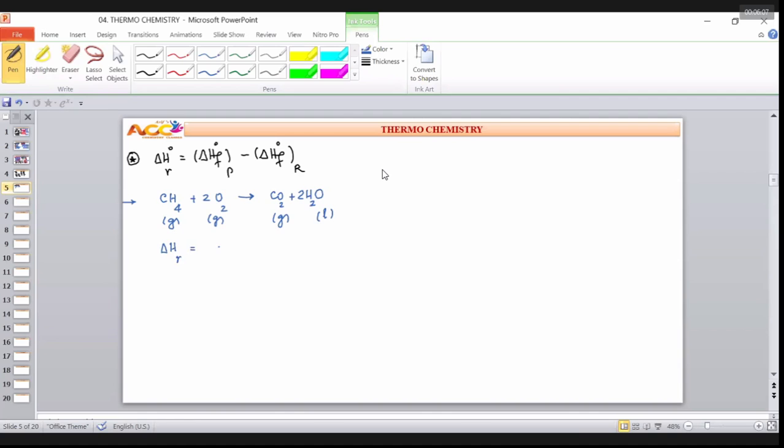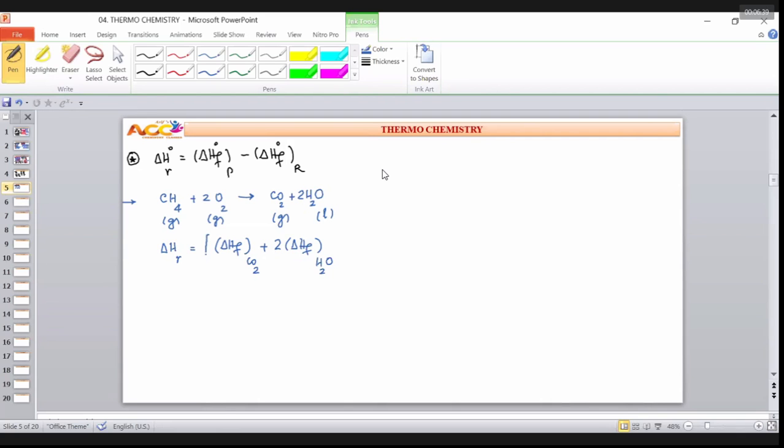Enthalpy of reaction is equal to enthalpy of formation of carbon dioxide plus enthalpy of formation of water. These values are given to you, times 2. Why? Enthalpy of formation was defined as the heat energy released or absorbed when 1 mole of a substance is formed from the thermodynamically stable form of its elements. Here we have 2 moles, therefore we multiply.